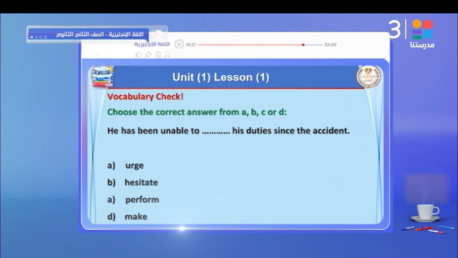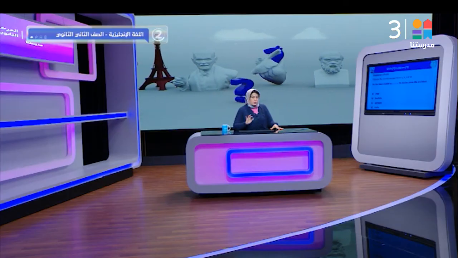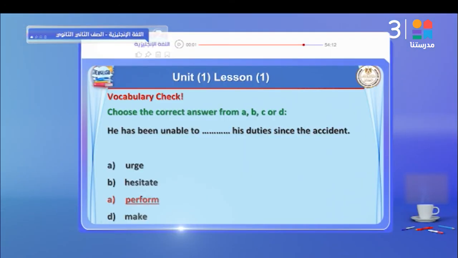Those of you who are following surely know, for sure, of course it's the word perform. Okay? I remind you, you need to write down the answers so we can see who achieved the most correct answers. Okay? And we will encourage you, of course. He has been unable to perform his duties since the accident.